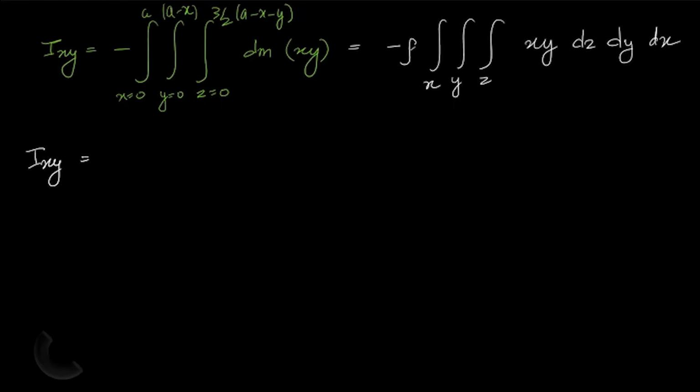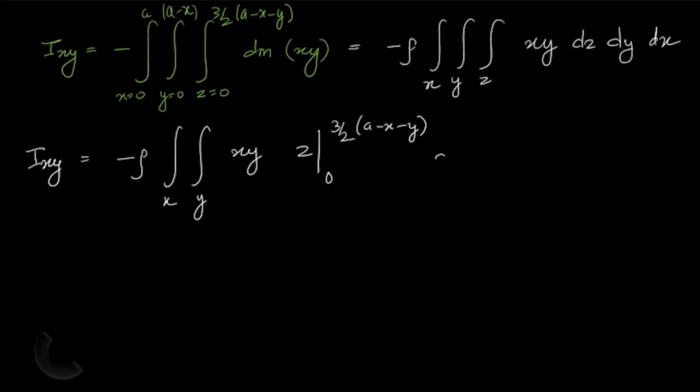So now let's first do the integration with respect to z. So minus rho x y, these are two integrals. The integration of dz will be z, putting the limits, that is 0 to 3 by 2 (a minus x minus y), and then dy and dx.